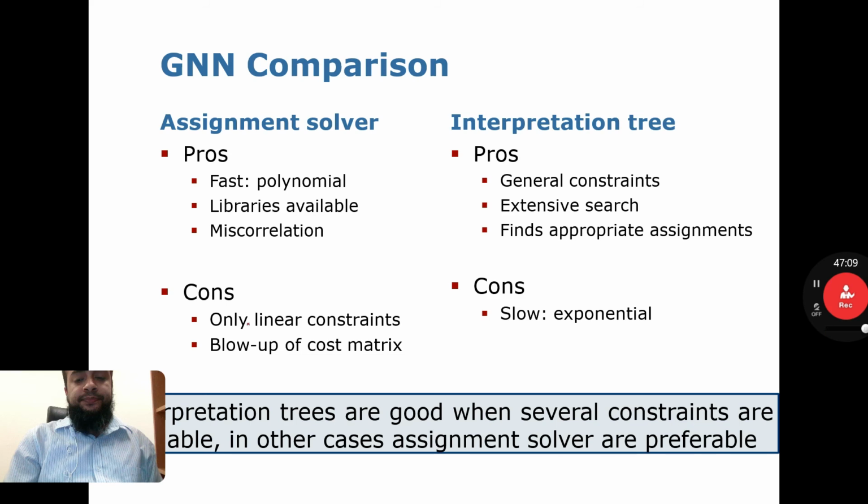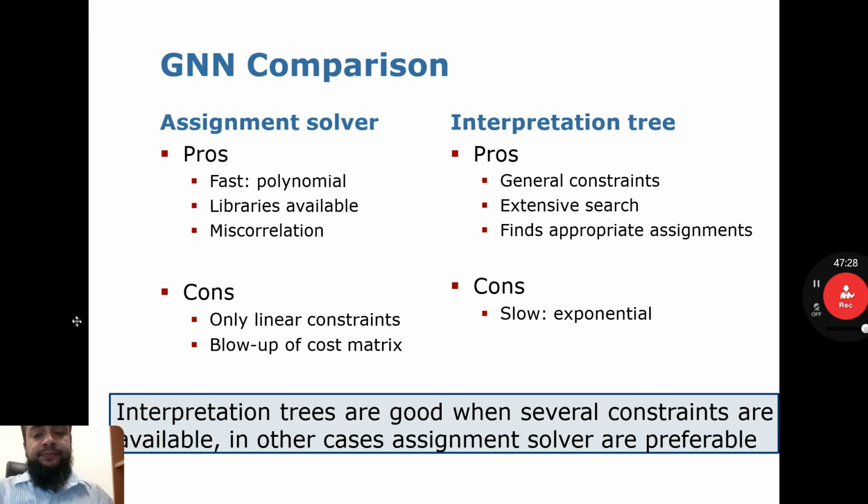The assignment uses only linear constraints, and blow of the cost matrix means the cost function is very expensive. So interpretation trees are good when several constraints are available. In other cases, the assignment solver is preferable.